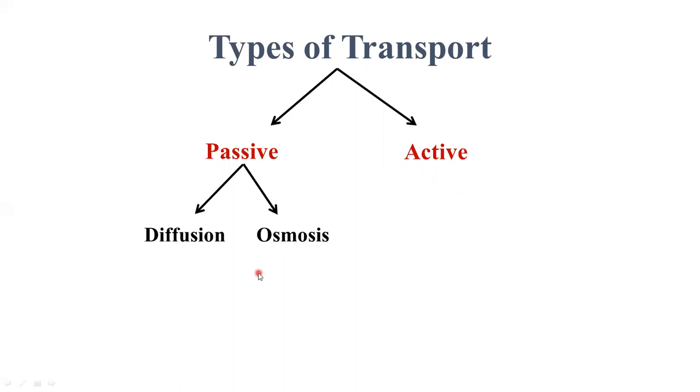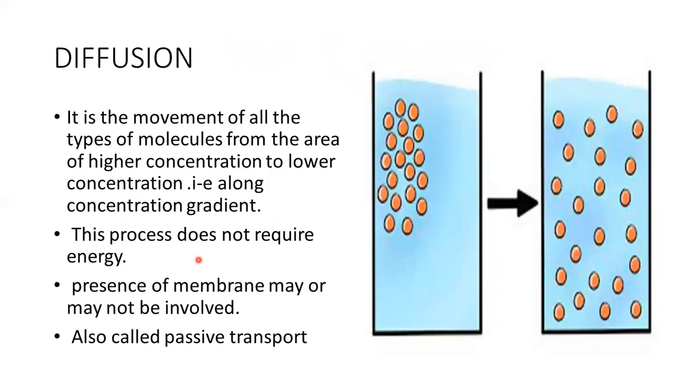The differences include that osmosis refers only to water molecules. In osmosis, the transportation of water molecules occurs, while in diffusion, any substance, any ion can move. The second difference is that in osmosis, a partially permeable membrane is required, while in diffusion, a membrane is not required.